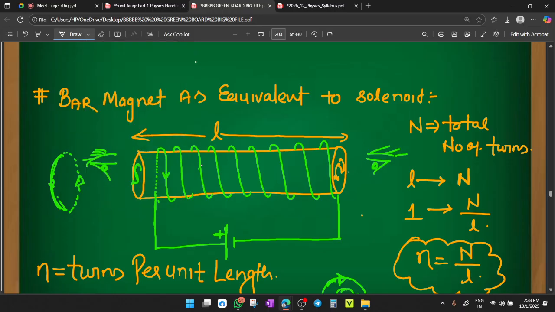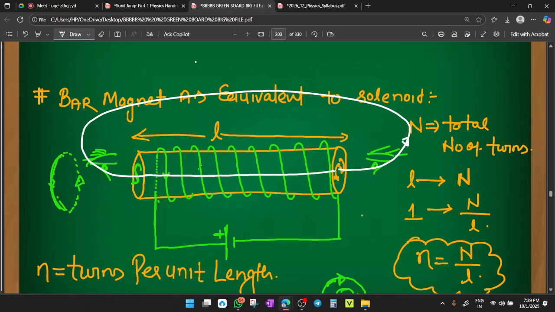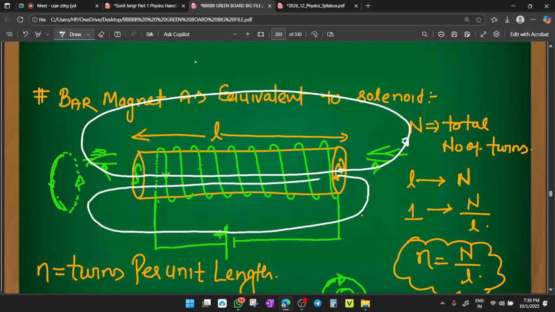Okay. So lines of forces will continue to originate from the north pole and move through to the south pole. Clear, beta? Once again, it is the movement of magnetic lines of forces from north to south, and they are forming closed loops.